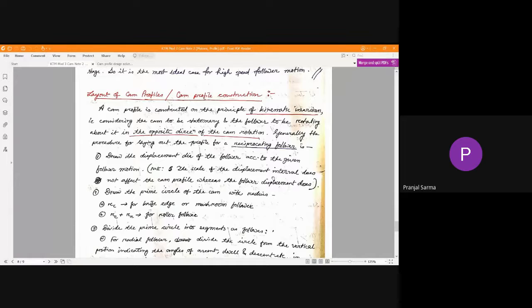Who can tell me what you mean by ascent stroke, descent stroke, and dwell?